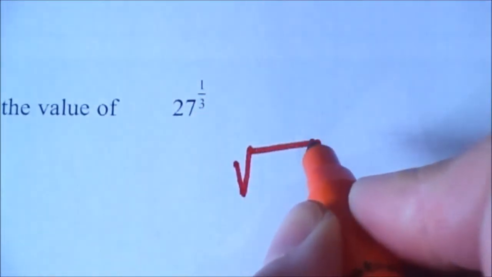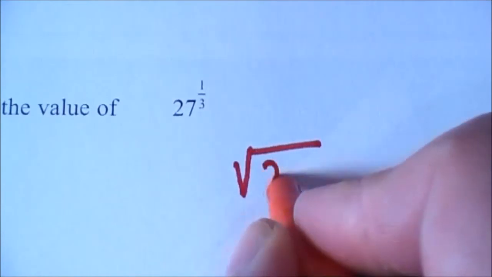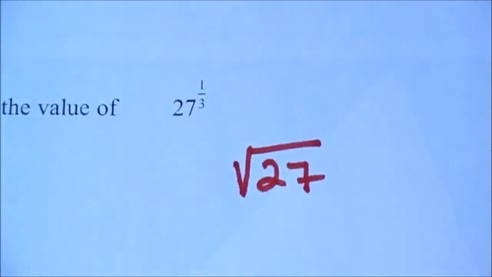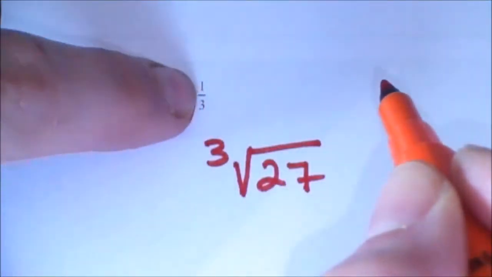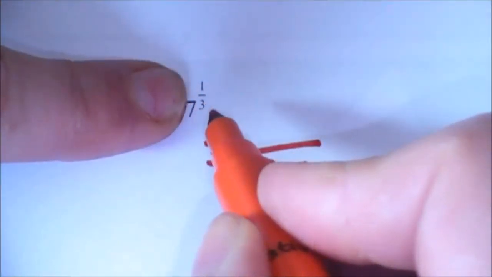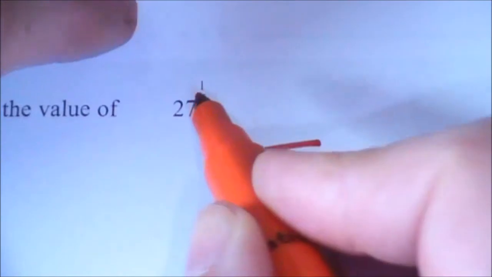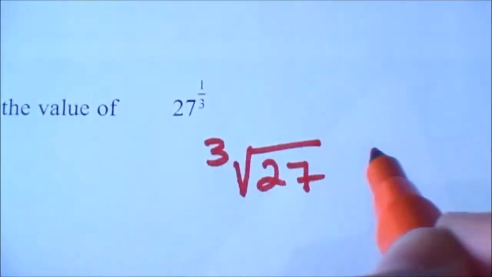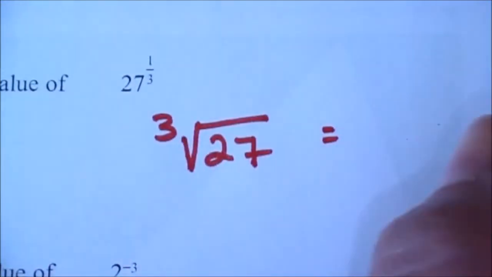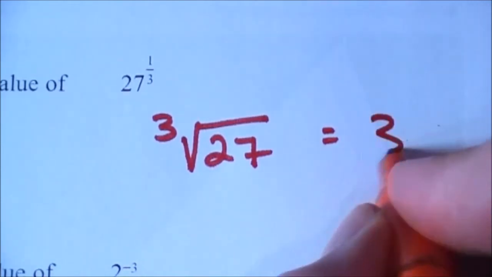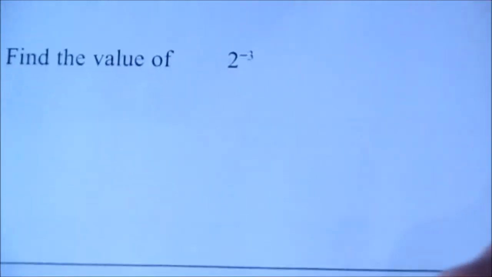So you're going to end up with the root of 27, and it's the cube root because it's a 3 there. If it was a 2 there, then it would just be a square root, but it's not, it's a 3, so it's a cube root. So the cube root of 27, what times itself 3 times is going to give you 27? Well, 3 times 3 is 9, and 9 times 3 is 27, so the answer is 3.